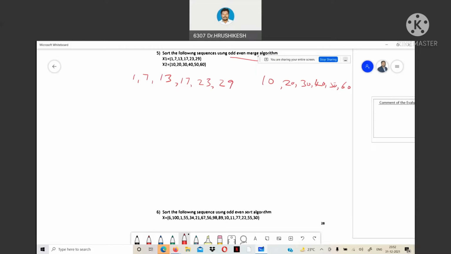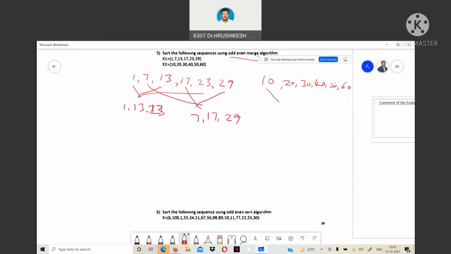Odd indexed elements we bring as one portion, and even indexed elements as another portion. So this one: 1, 13, 23. And this one: 7, 17, 29.